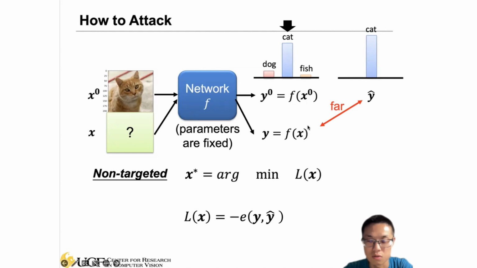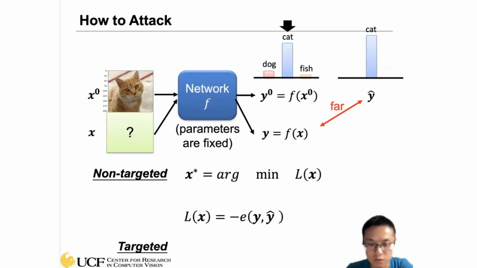Here the objective is to maximize the difference between the predicted label and the ground truth label. Because we're doing minimization, we can easily add a minus sign to the cross entropy loss, so that we can still minimize this loss to fit the objective of making these two distributions far away. So that's the non-targeted attack.